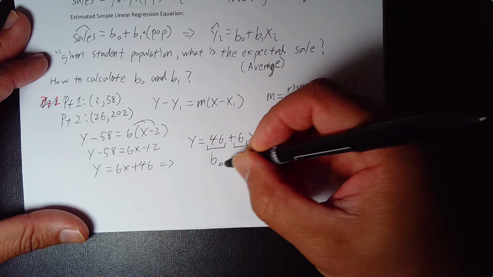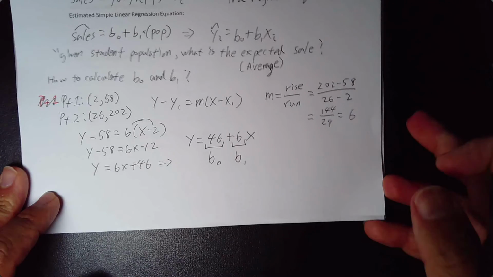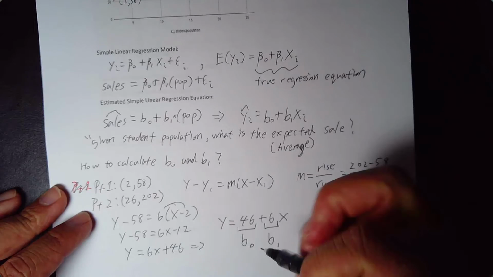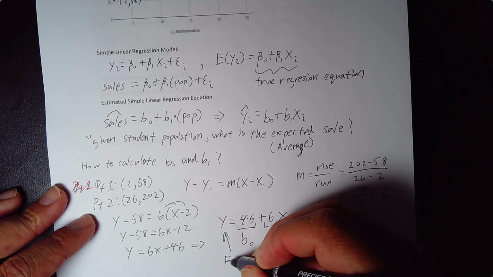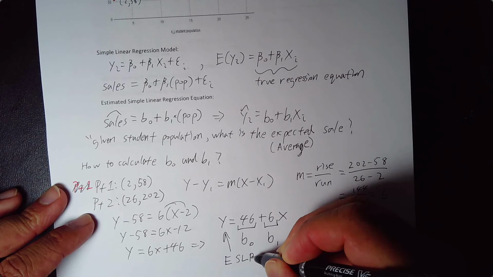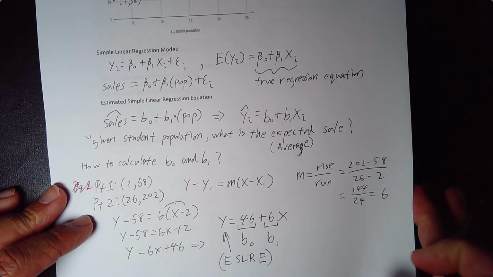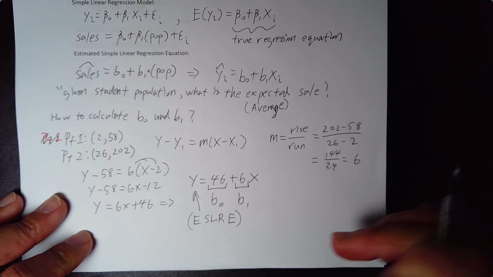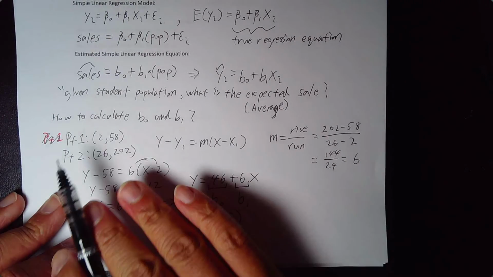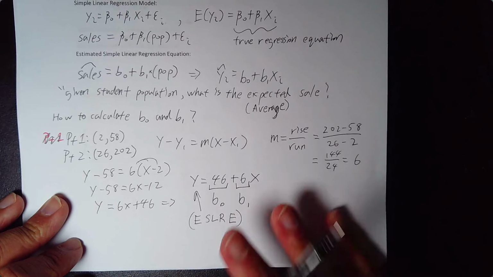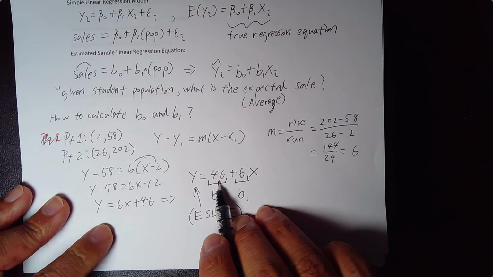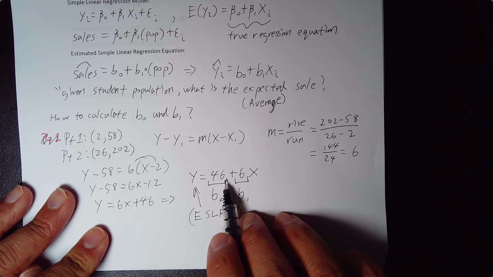All right, so this here is my estimated simple linear regression equation. Okay, nothing wrong with this. This is perfectly fine. Going through this process will allow me to arrive at an estimate for beta 0 and beta 1.